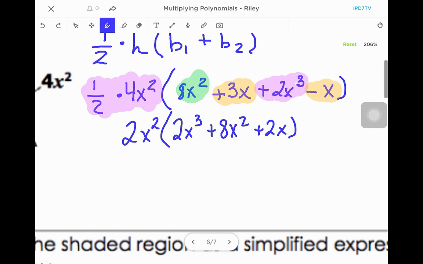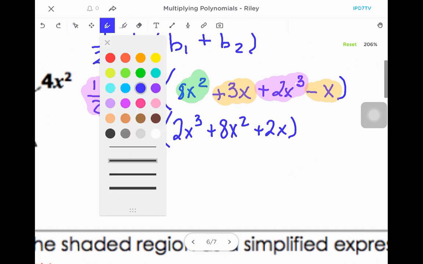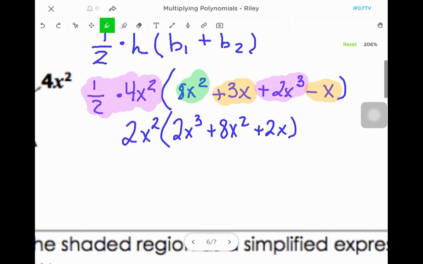We can do that. All right, so now let's multiply this through. So 2 times 2, that's 4. And now we're going to add our exponents. Well, 2 plus 3 is 5. So I have x to the 5th power.